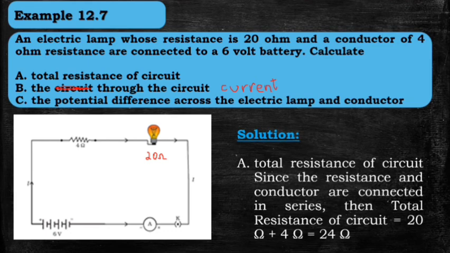We can replace the lamp and the resistance by 24 ohm, isn't it? So the effective resistance is 24 ohm throughout this circuit. It is the total resistance of the circuit.